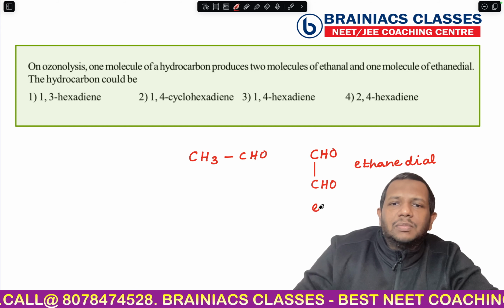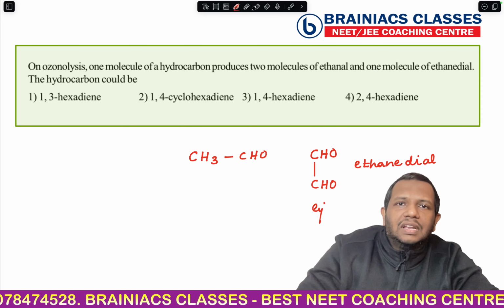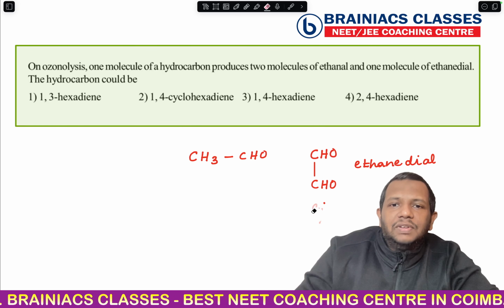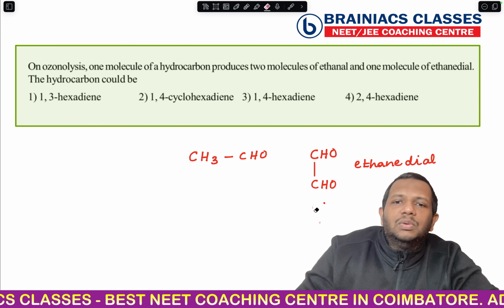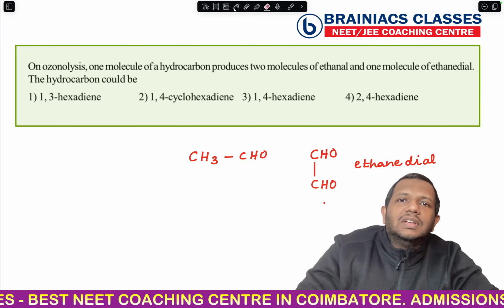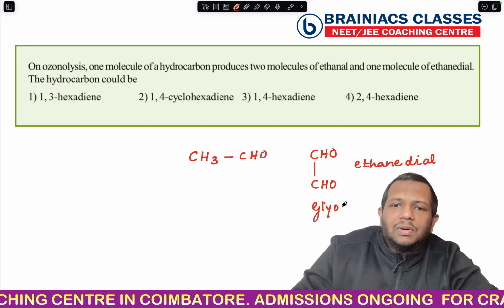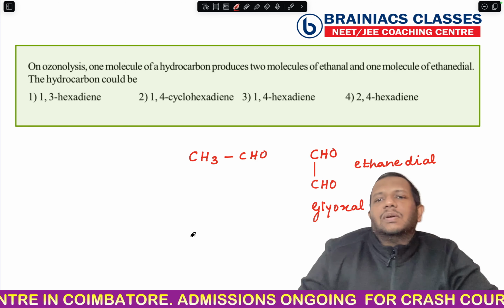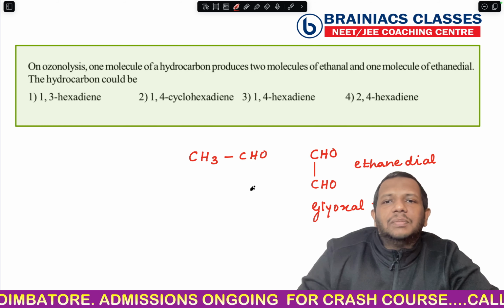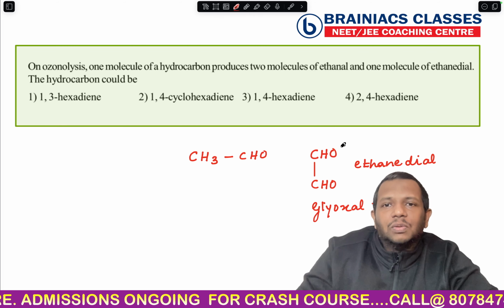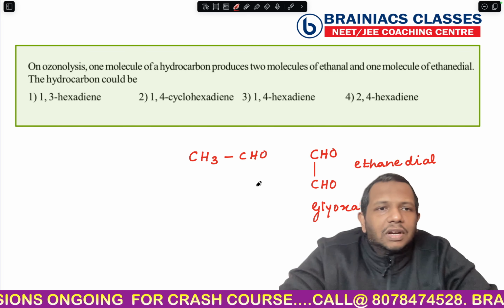Or the other name of this compound is glyoxal, because this is one product we get whenever we do ozonolysis of which compound, sir? Can you tell me? Benzene. Please remember glyoxal. If you take benzene and perform ozonolysis, you will get 3 molecules of this one. Okay, so let's try it out actually.